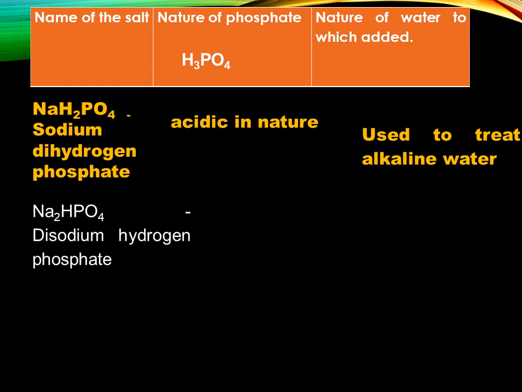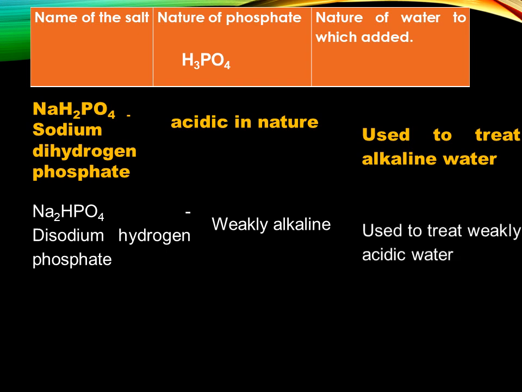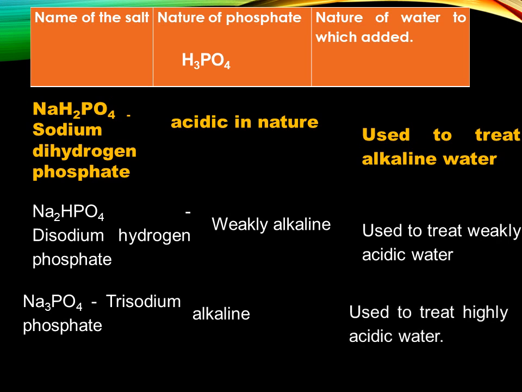Next, disodium hydrogen phosphate, weakly alkaline in nature, is used to treat weakly acidic water. Then trisodium phosphate is highly alkaline because there are no hydrogens, so it is used to treat highly acidic water.